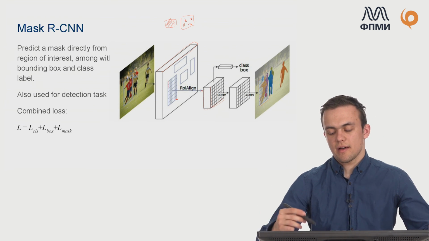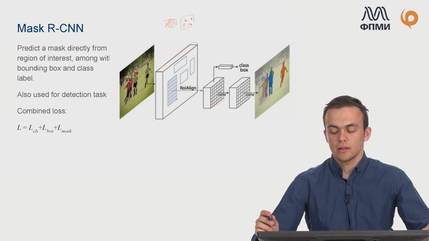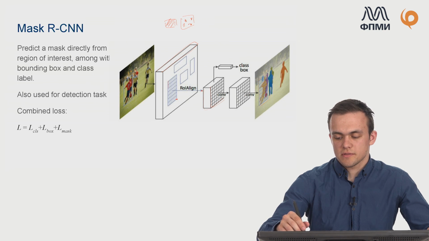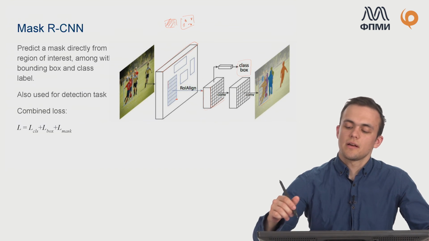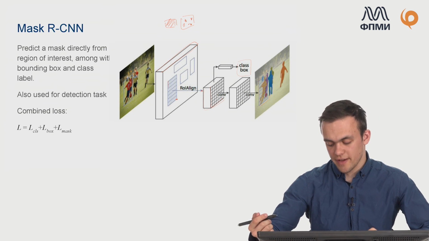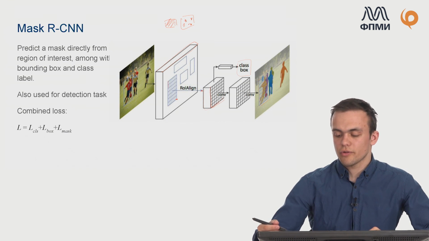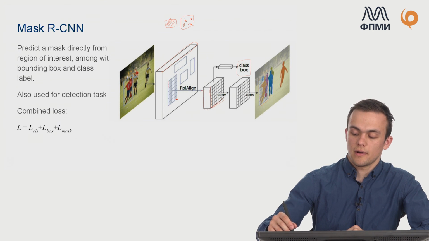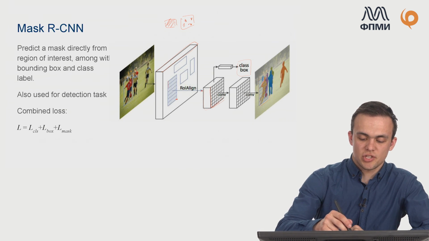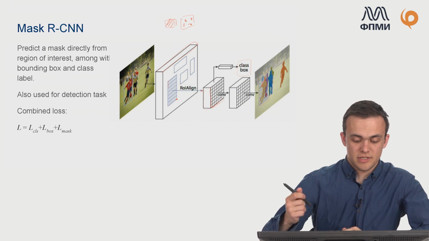So the whole module has a loss that is composed of different losses: loss from the bounding box, and loss from classification error. You can also run the same algorithm with upsampling to predict the whole map from this particular patch of image. You can predict the segmentation map that we were discussing earlier.